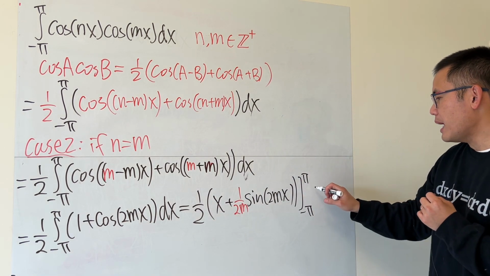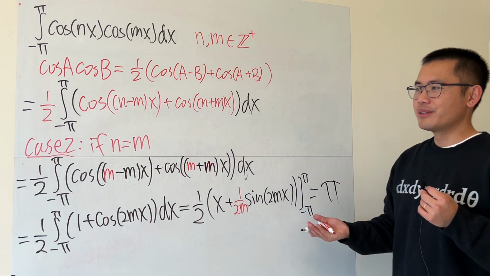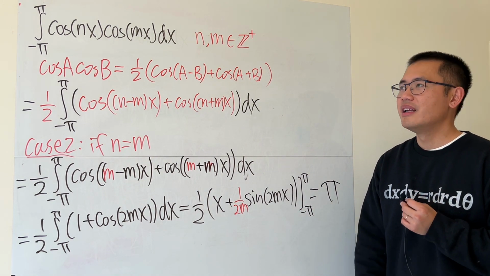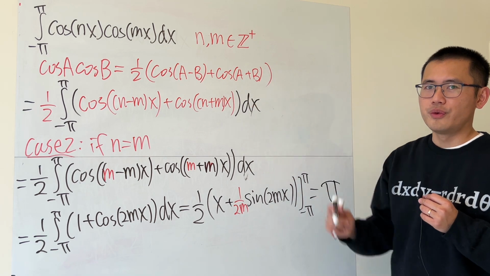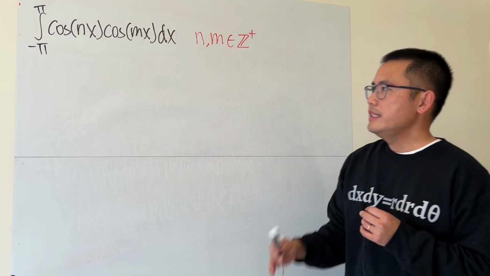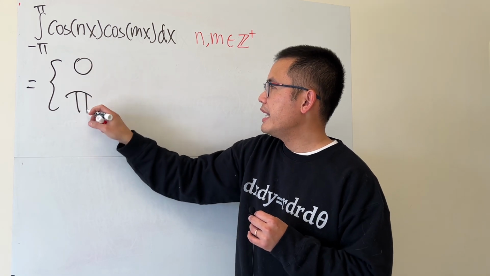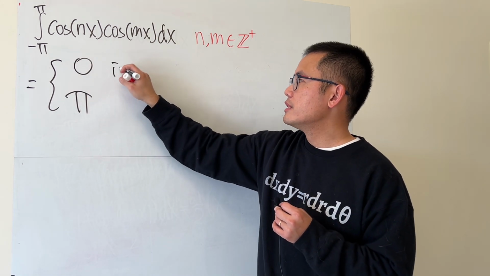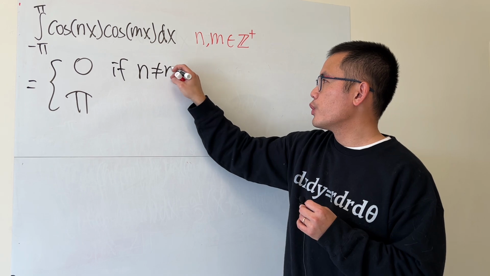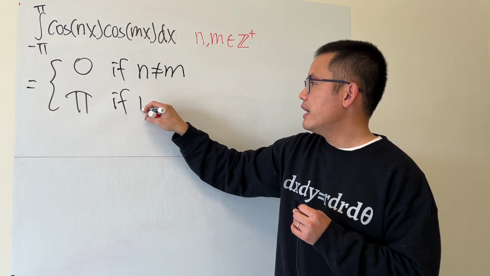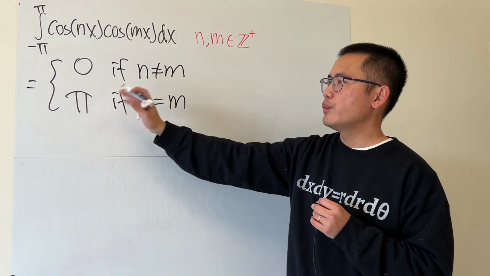The result is just equal to pi. So this case, it's also pretty nice. Now, let me put on the summary for you guys. For this integral here, either we get 0 or pi. The case that 0 is when we have n is not equal to m. And if n is equal to m, then we get pi.